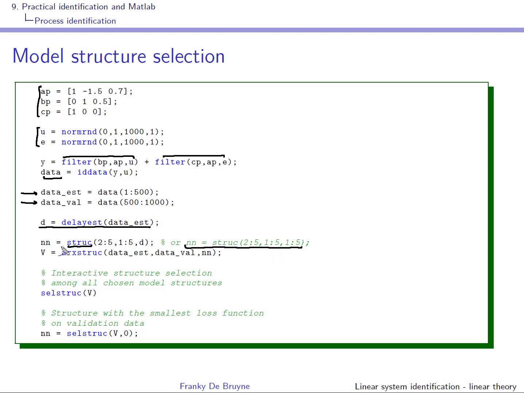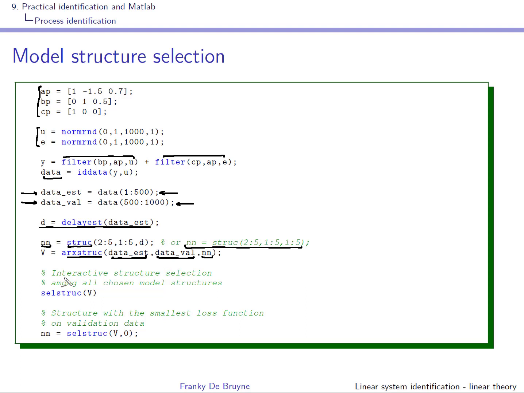The command arxstruc uses this data set for estimation, for identification, and the other data set here for validation.